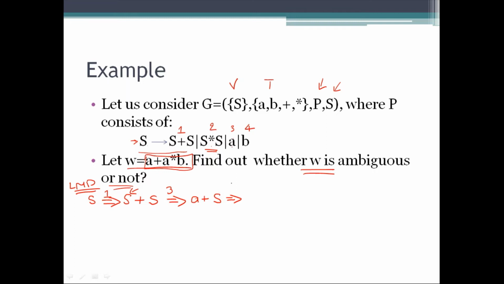So this production is going to be used: A plus S asterisk S. Now again this non-terminal is leftmost, so we use production rule 3 to replace it.